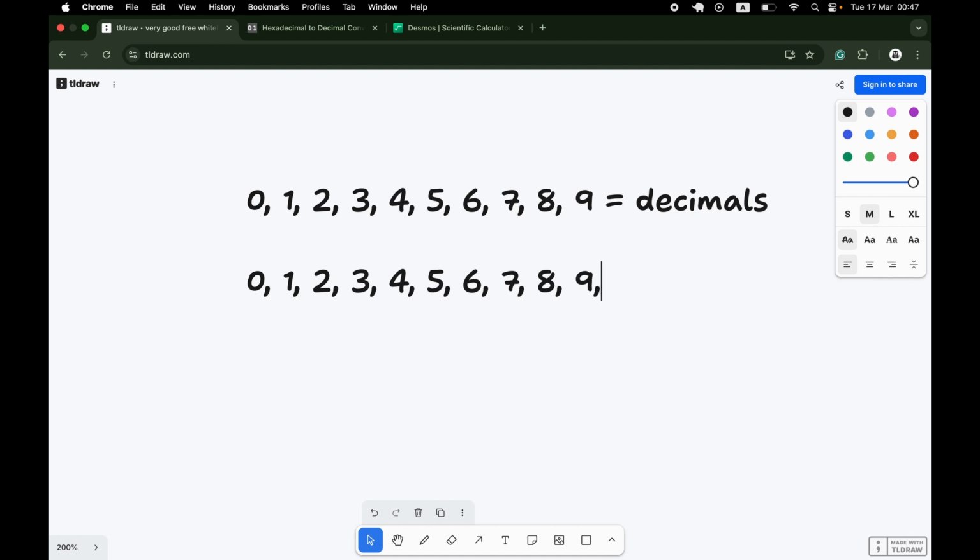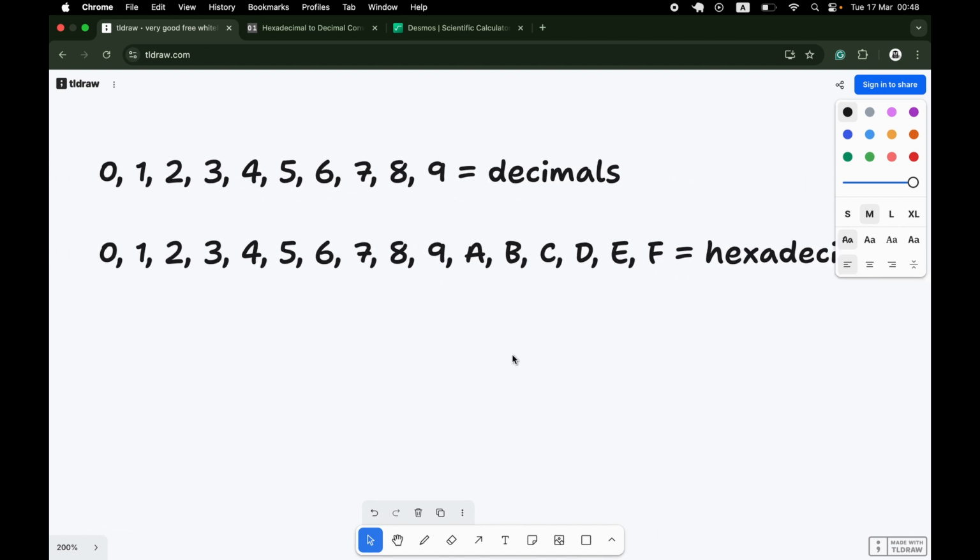For hexadecimal, we don't have 10. Instead of 10, we write A. For 11, we write B. For 12, C. For 13, D. For 14, E. For 15, F. So these are hexadecimal.